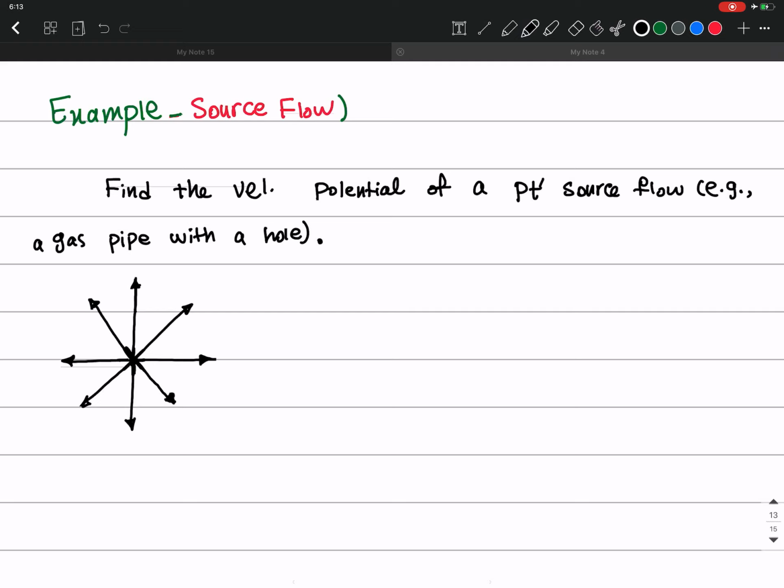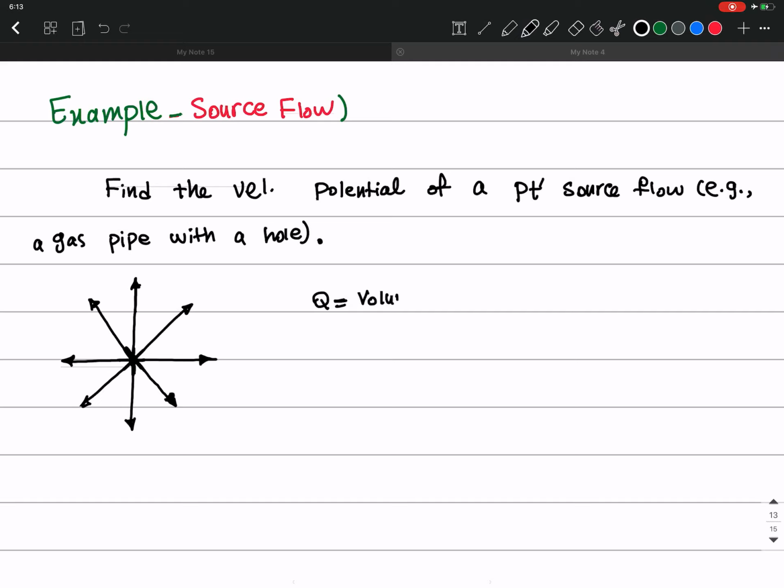So in this type of flow, the flow rate that goes out at each radius with respect to the center is constant.